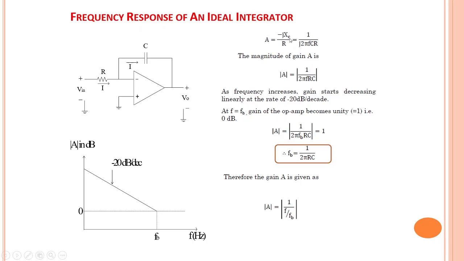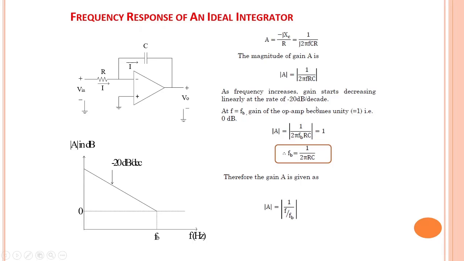That's why minus jXc upon R will be the gain of the amplifier, where Xc is the reactance of the capacitance given by 1 upon 2 pi fC. So the magnitude of such gain, mod of A, can be given by 1 upon 2 pi fRC.